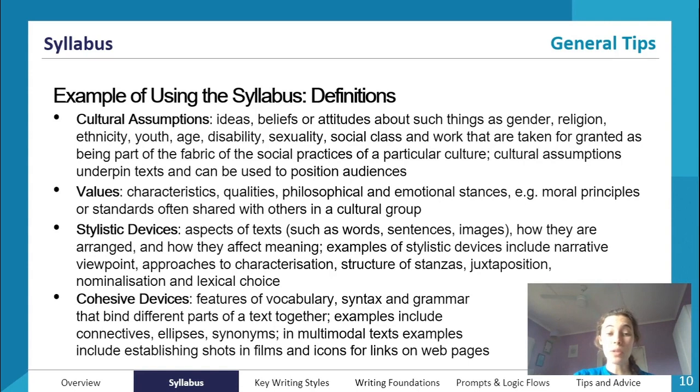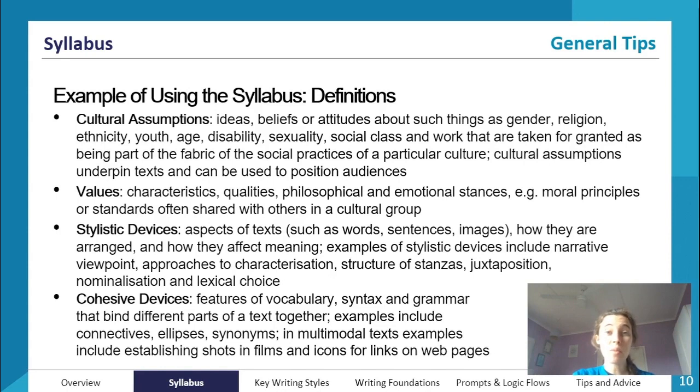And then other examples are connectives, so words that connect our sentences, so they're not all really short sentences that don't sort of interrelate very clearly. So however and because and therefore and all those words that show the links between things.